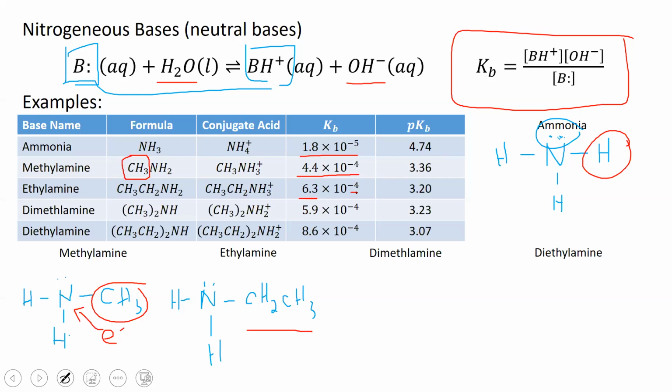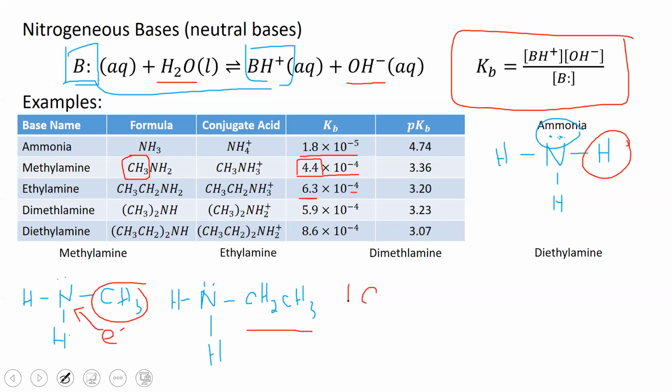So they're very close to each other, but still just a slight change makes the difference in the basicity. So you can start to see a trend that when there are more carbons attached to the nitrogen, it becomes more basic.